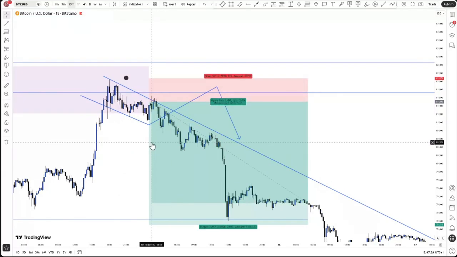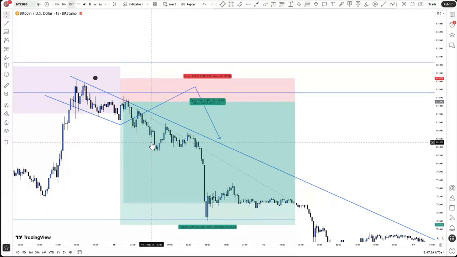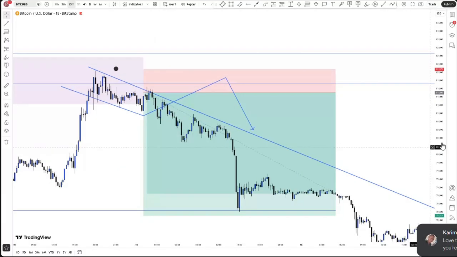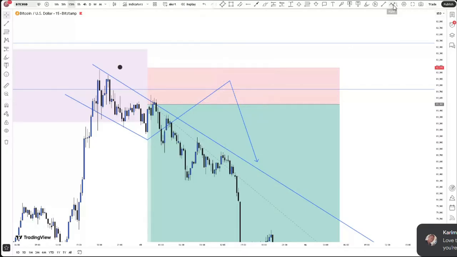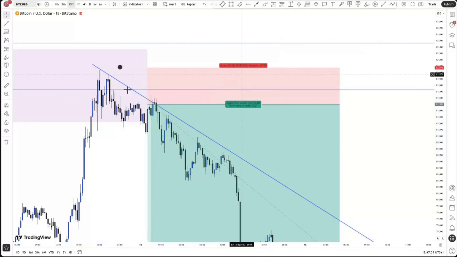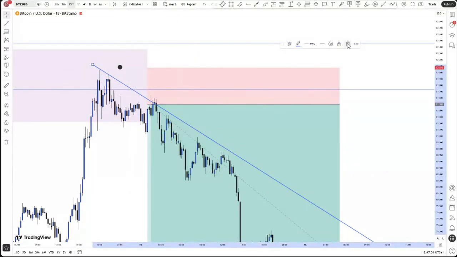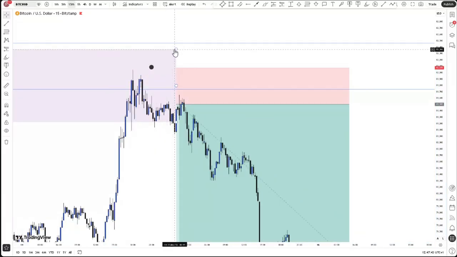Okay. Now, the moment price came to the key level, all we want to see is market structure shift. Let me remove this. Remember, the first thing you need is a 4-hour key level, which is somewhere here.